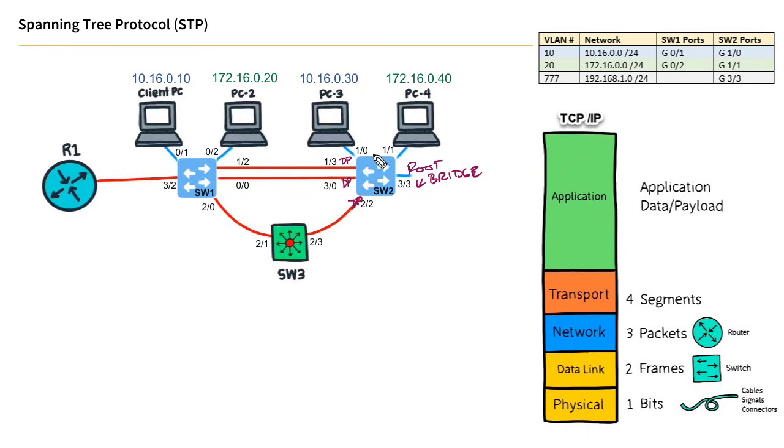If port 1/0 is in VLAN 10, it'll be a designated port. If port 1/1 is in a different VLAN, it won't apply for this instance of spanning tree. So the root bridge, he won. He's the lowest bridge ID. All of his ports are forwarding away from himself. So designated port means forwarding and away. Designated means forwarding and away.